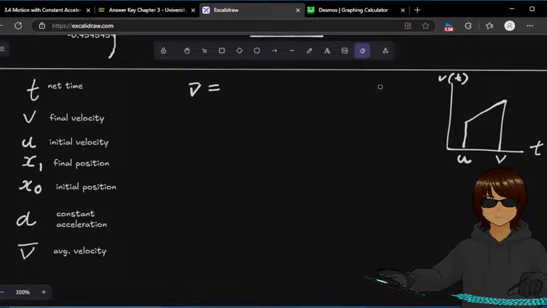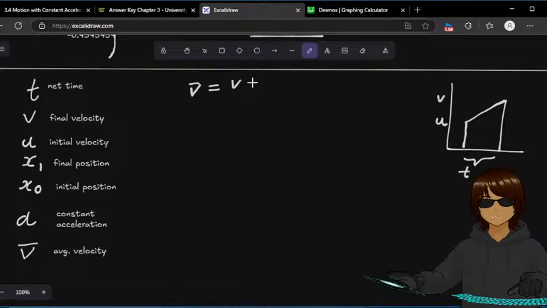No, no, no. This is u. This is v. This is t. So average velocity is v plus u over 2.